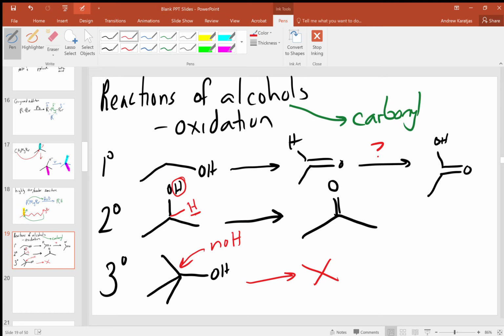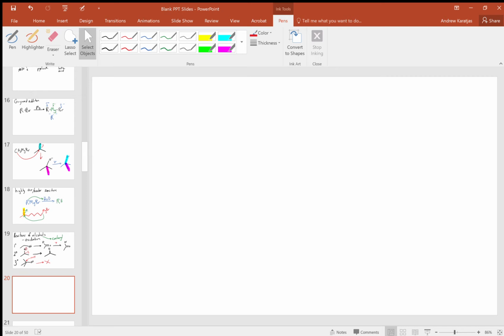And these reactions are most commonly done, although there's a lot of different ways to do them, with highly oxidized metals. And in this class, we're going to see several examples, starting with highly oxidized chromium metal. But manganese is also very commonly used, as are others. So the first specific example that we'll look at uses what's known as Jones reagent.